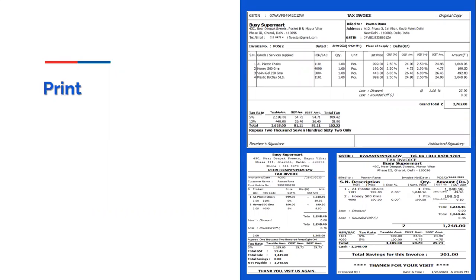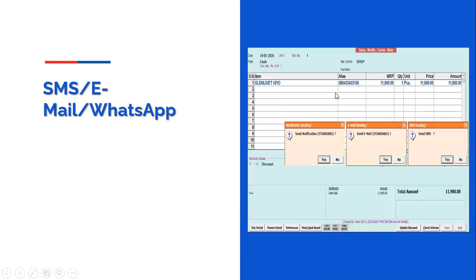Busy software will support Windows printer as well as dot matrix printer both. So these are the printing designs we have with Busy. If you require any further changes, we have a separate configuration option in our software. Is it clear?